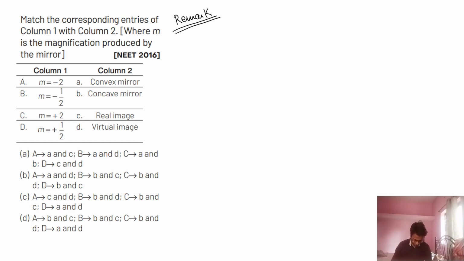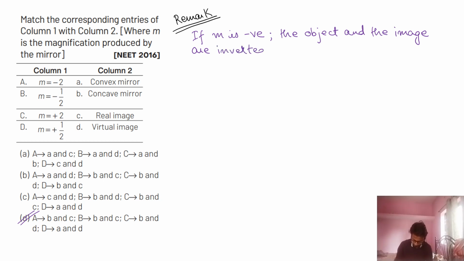The correct option was option number D. If m is negative, that means the object and the image are inverted with respect to each other.